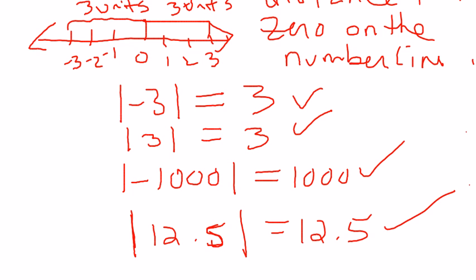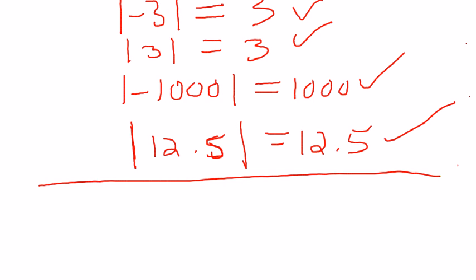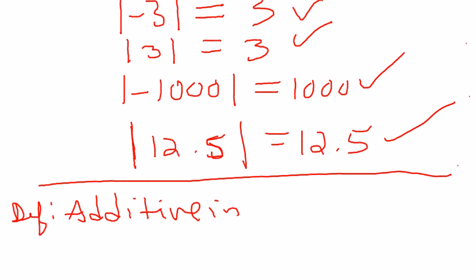Now a couple reminders on additive inverse, because these two symbols often get confused. Bars and parentheses are two different things, right? So I wanted to remind you, a little definition here. Define the additive inverse. Okay, so the additive inverse is simply the opposite of a number.